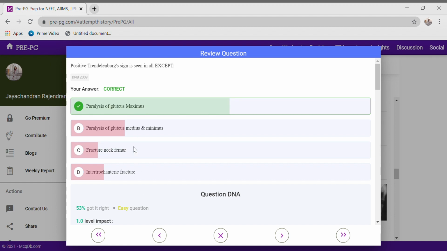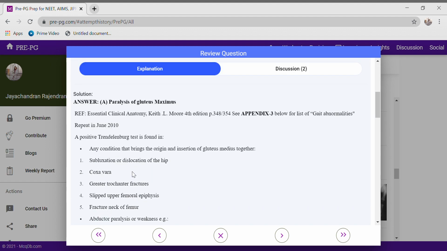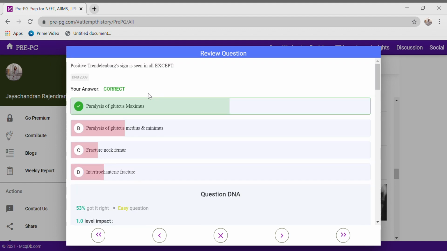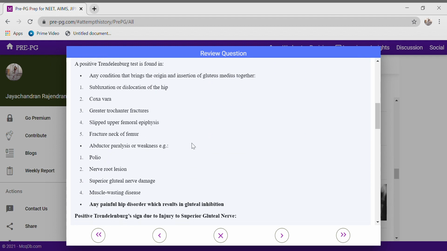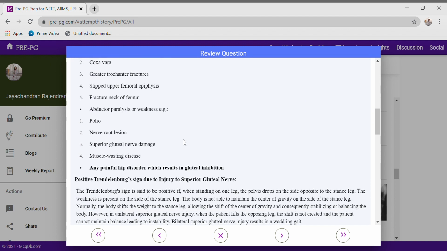So Trendelenburg sign is seen in paralysis of gluteus medius and minimus, femur neck fracture, intertrochanteric fracture. But it is not seen in the paralysis of gluteus maximus. So these are the conditions you can see.